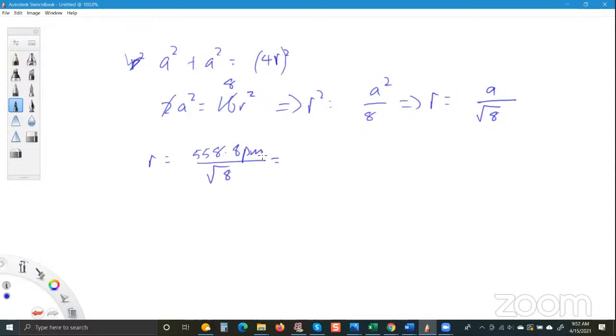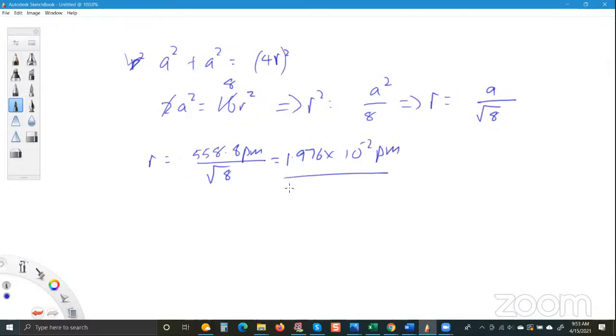And let me do that calculation. I don't think I did that one this morning. So, 558.8 divided by the square root of 8. And according to my calculation, this works out to be equal to, now I have to round off to 4 sig figs, 1.976 times 10 to the minus 2 picometers.